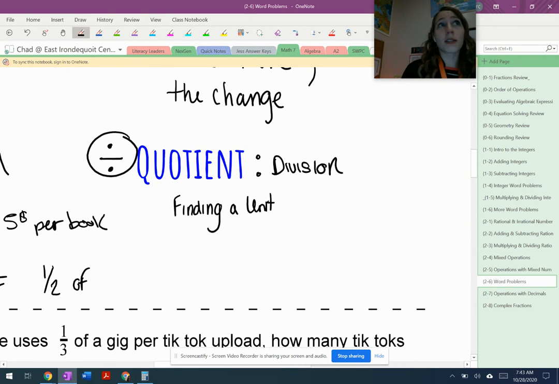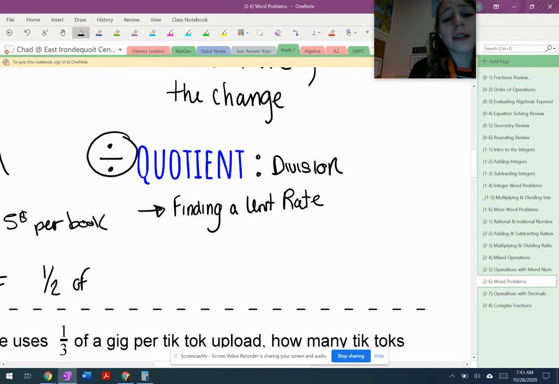So if we're multiplying when we have a unit rate, if we're looking for one, we're doing that division. If I spent $20 on 5 books, I could do 20 divided by 5 to figure out that each book cost me $4. So when you're finding a unit rate, you're using division.